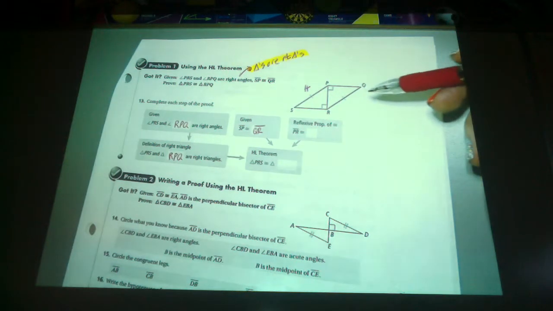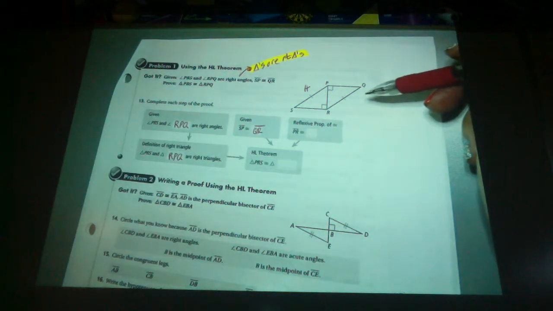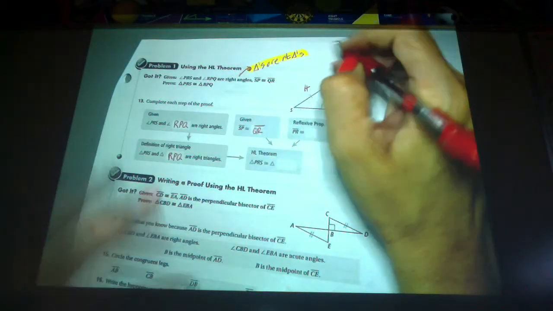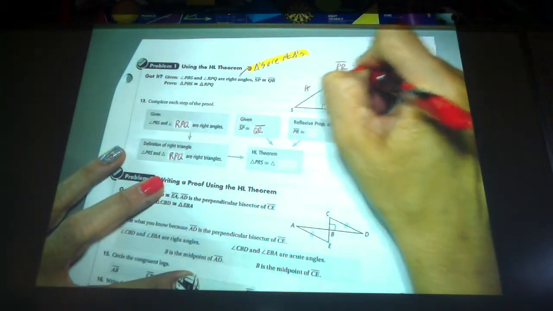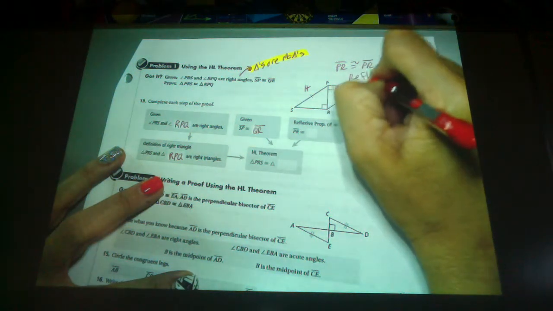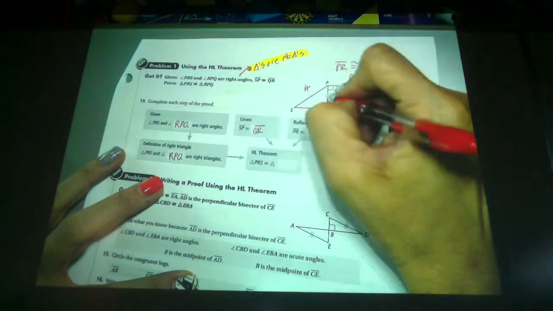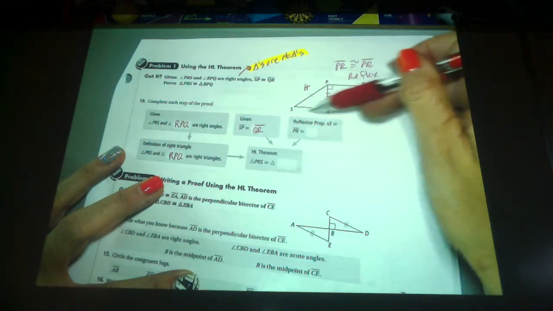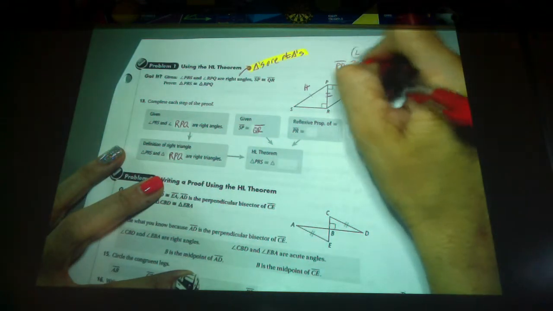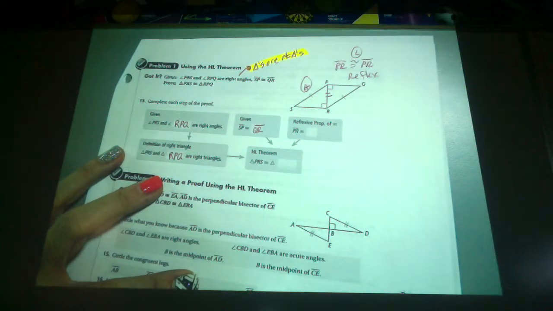We only have one more thing that we need to prove congruent, because it's a right triangle rather than 3. What item can we prove congruent all by ourselves without any help? Yep, so that's the same kind of recurring theme. PR is congruent to PR, reflexive property. And then that's going to give us that piece there. What part of the triangle is that piece there? A leg. So don't we have HL?